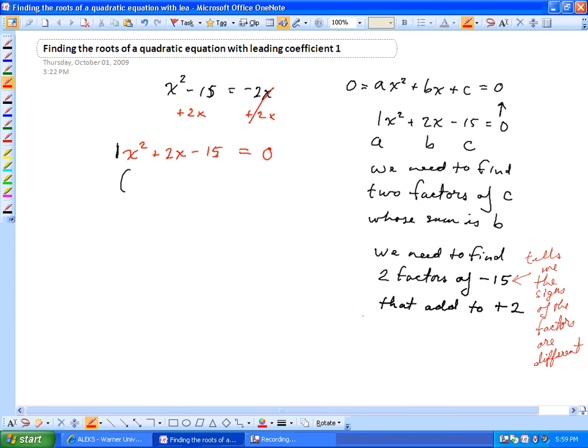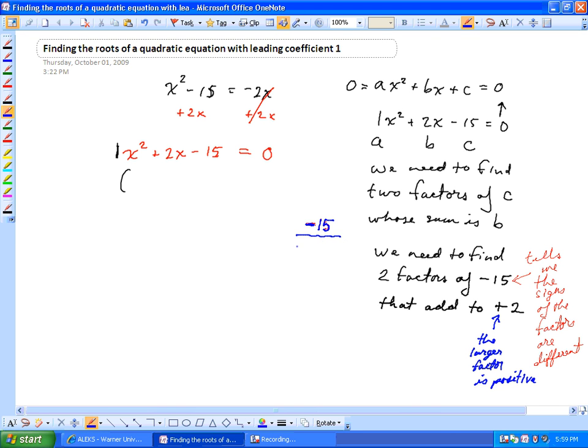The only way I get a negative 15 is with one positive factor and one negative factor. And because the sum is positive, the larger factor is positive. If it were negative, the larger factor would be negative.